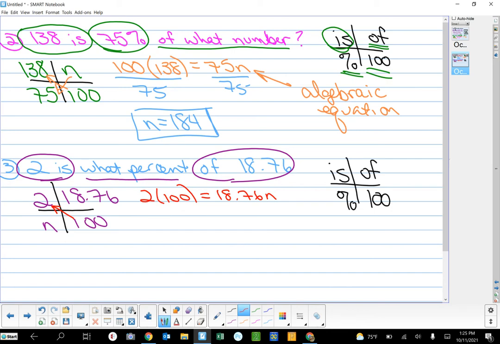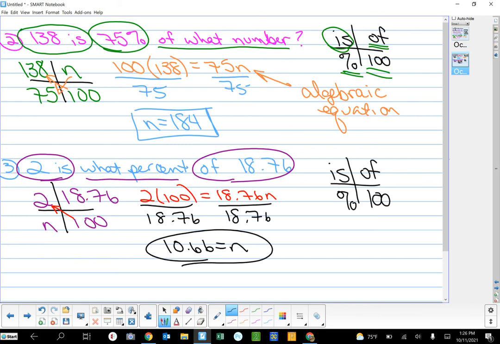And then we're going to solve by dividing by 1876. Okay, I don't think I actually solved this anywhere. So we're going to have 200 divided by 1876. And that works out to 10.66 equals n. All right. So that is how these things work.